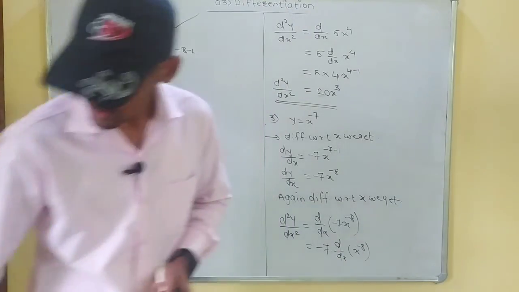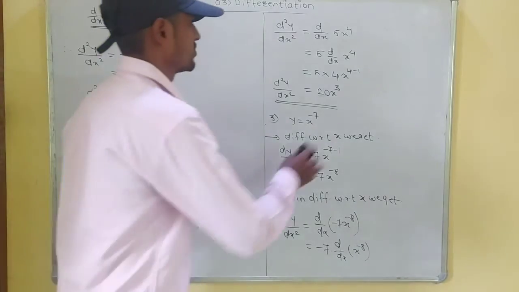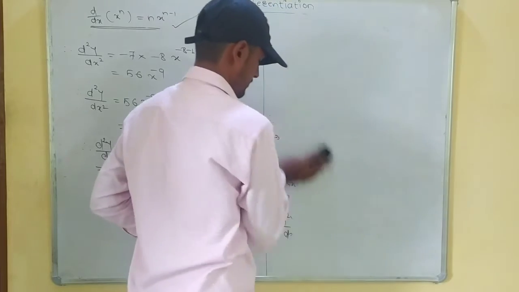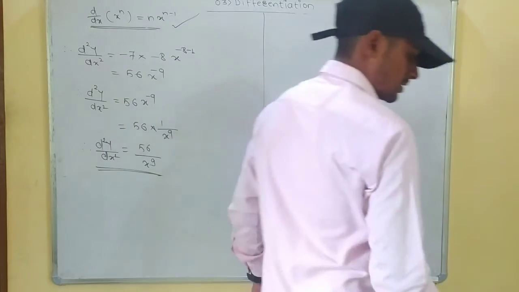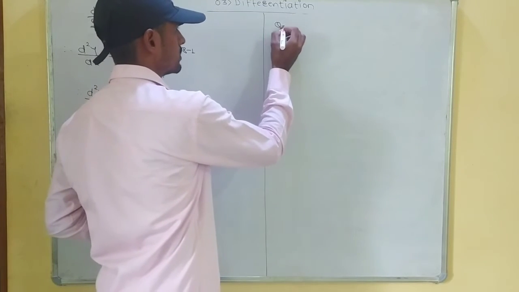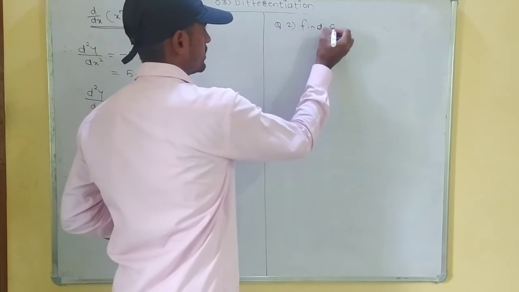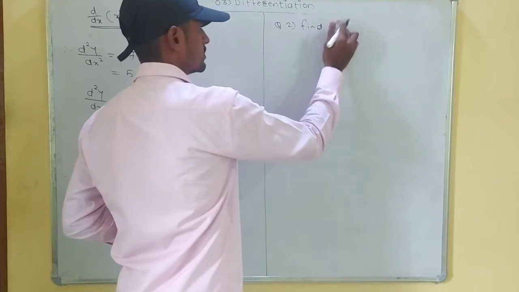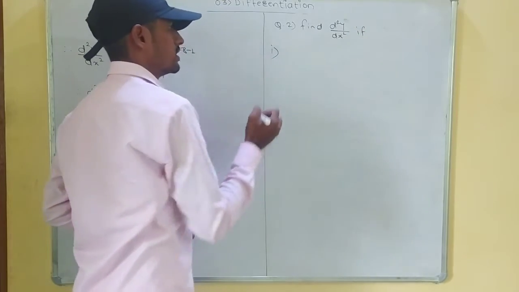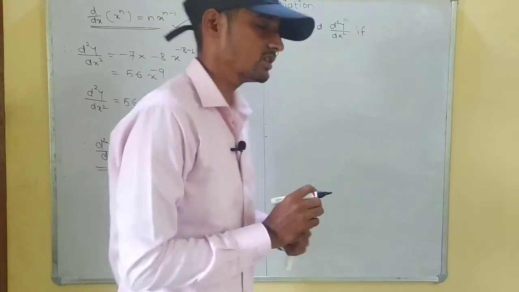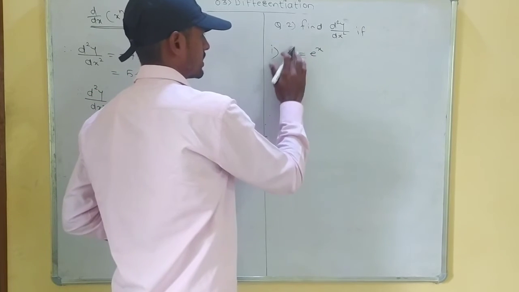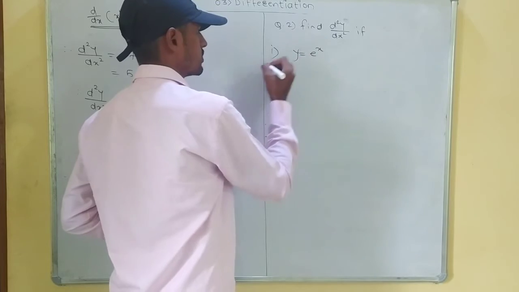Now the second question is also like the first question. The next question is also to find the double order derivative. Find double order derivative means d2y by dx square. First of all, the first one is y is equal to e to the power x, an exponential function.